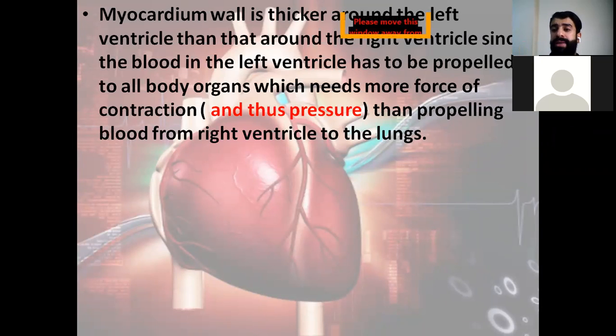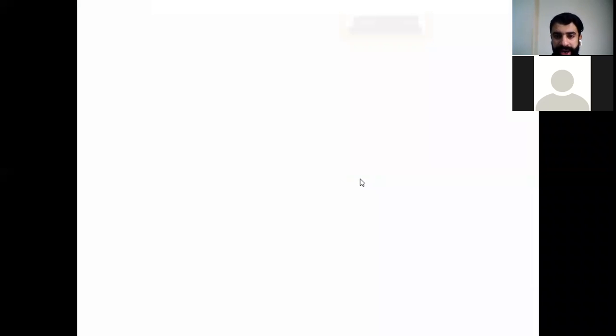Why? Because the blood in the left ventricle is rich in oxygen, and it needs to be propelled and pushed to all the different organs of the body, and it needs more force of contraction. So that's why it needs to be thicker on the left side than on the right side.